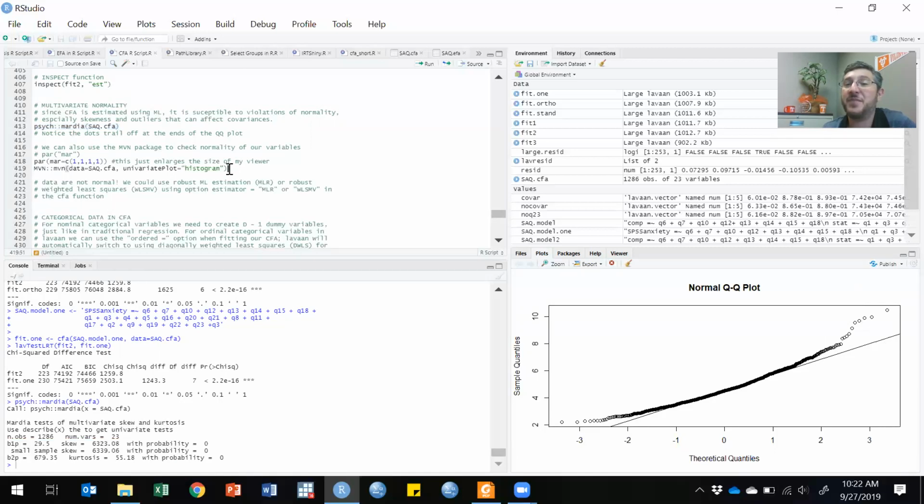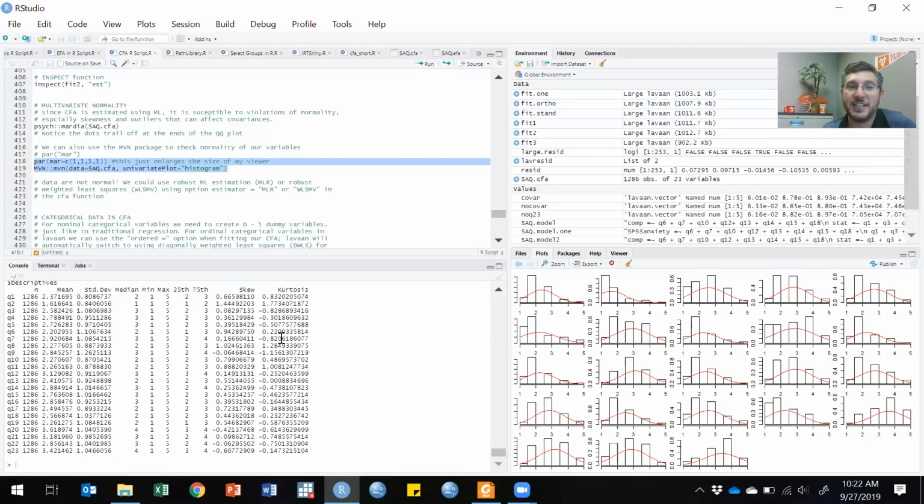The MVN package also has a test for multivariate normality. This is going to print histograms for each one of our variables, and it's going to give us a multivariate normality test and individual univariate normality tests.